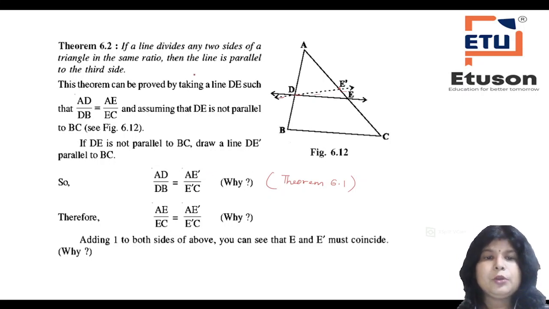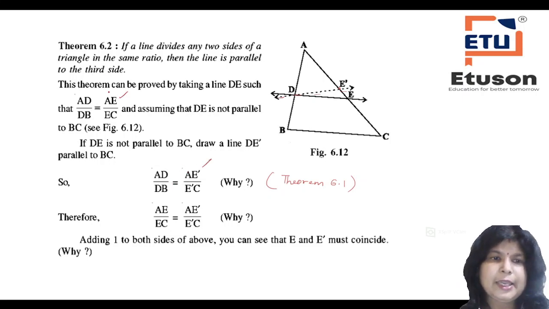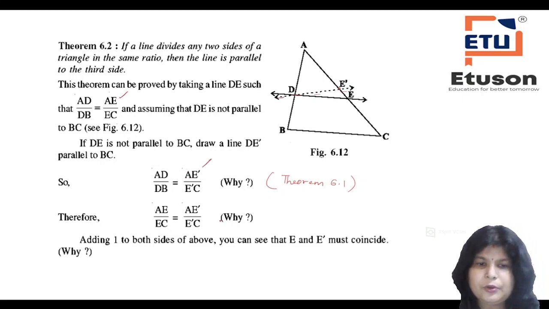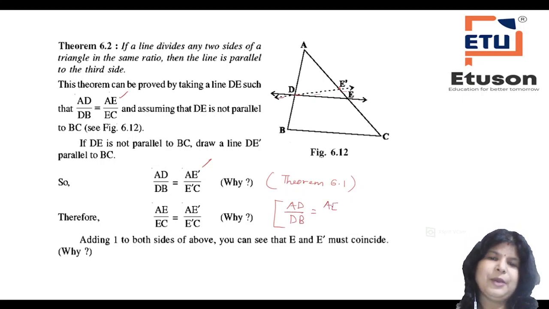But you have drawn the diagram such that AD by DB is equal to AE by EC. So from these two, what you can take is AE by EC is equal to AE dash by E dash C, right? How did you get it? AD by DB is equal to AE by EC, so instead of AD by DB, you write AE by EC, that is equal to AE dash by E dash C. Right?